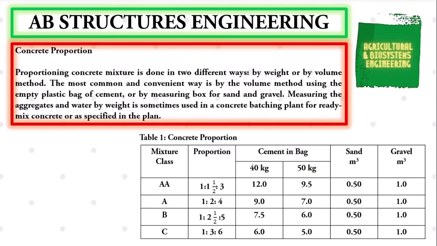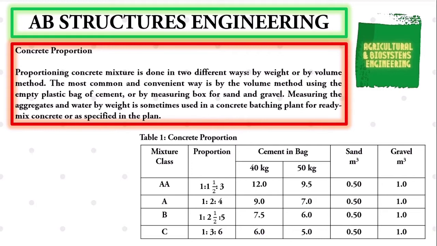In volume method, I would like to give an overview on what is concrete proportion. Proportioning concrete mixture is done in two different ways, by weight or by volume method. The most common and convenient way is by the volume method using the empty plastic bag of cement, or by measuring box for sand and gravel.